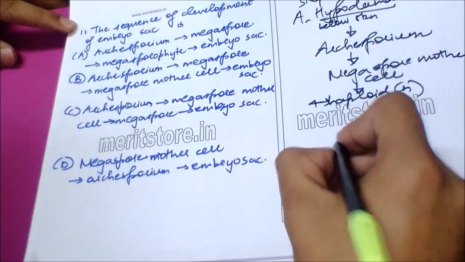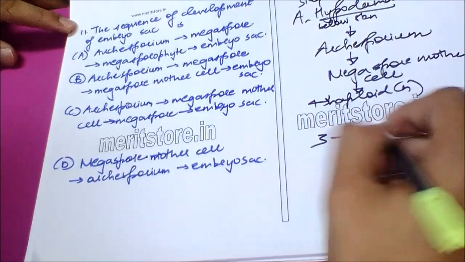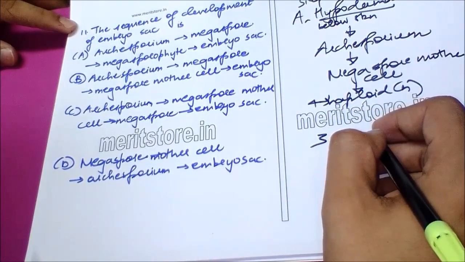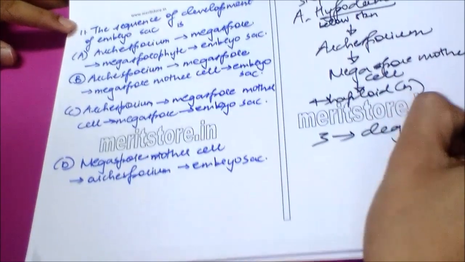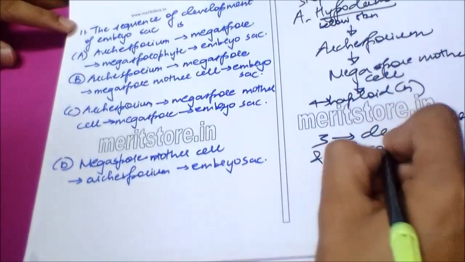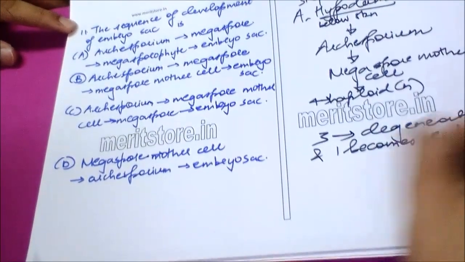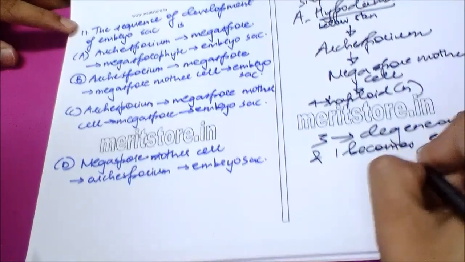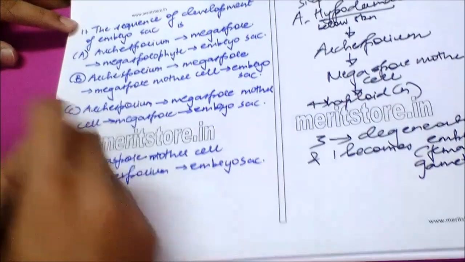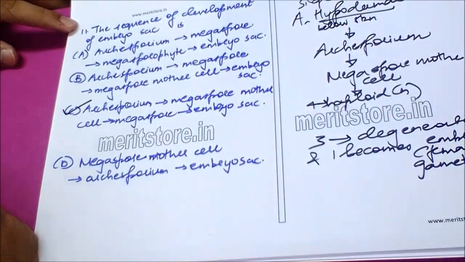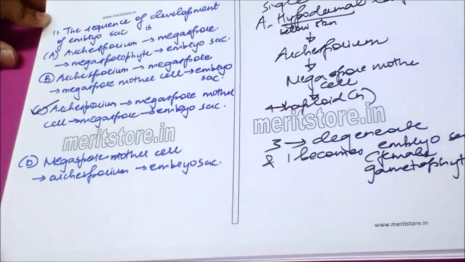One of them, the lowermost, develops into the embryo sac, while the other 3 haploid megaspores degenerate. One becomes the embryo sac or the female gametophyte. So the correct sequence and the correct answer to this question is option C, which is archesporium to megaspore mother cell to megaspore to embryo sac.